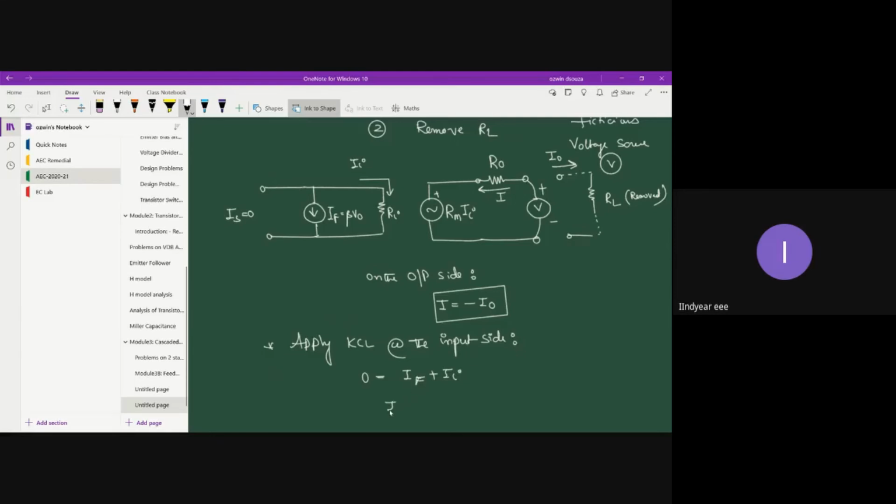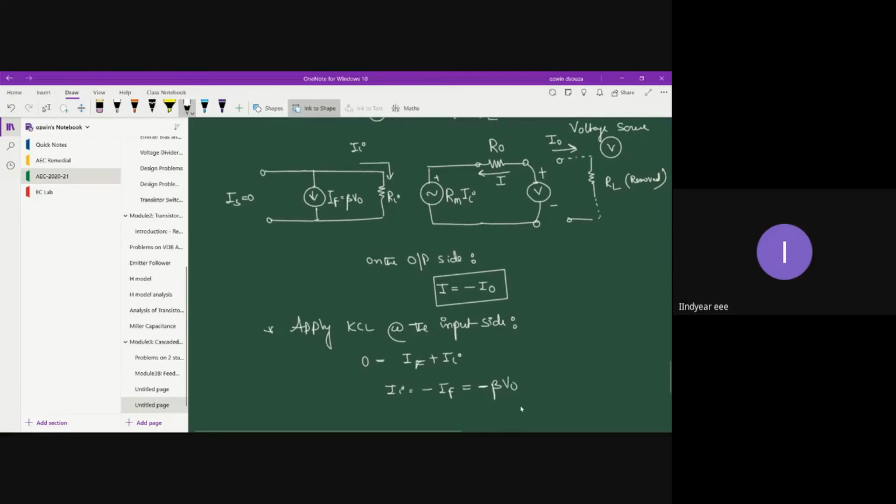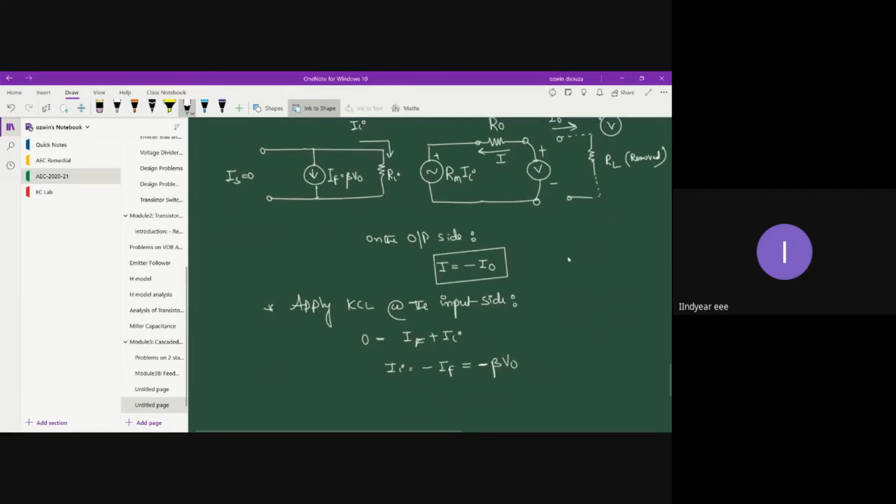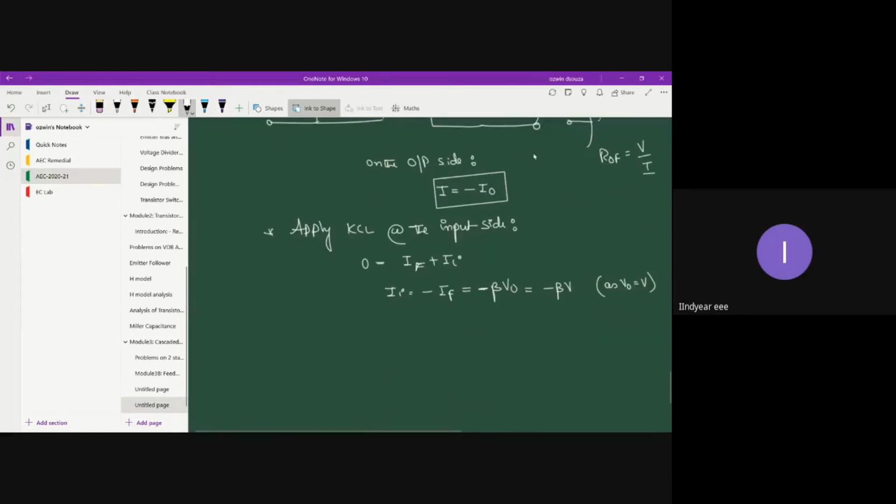Okay, or Ii is equal to minus If, which is equal to minus beta into V naught, which is also equal to minus beta into V, as V naught is V in this case. And let us also define R naught F. So R naught F is voltage by current, V by I. Okay, so that is the expression for Ii. Let me write, say this is equation 1 and this is equation 2.